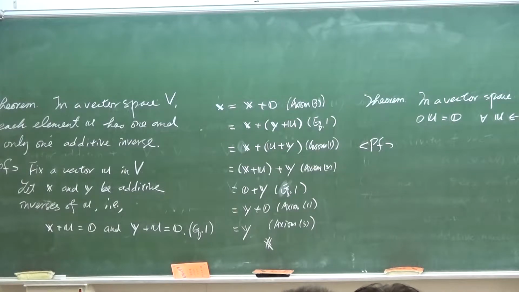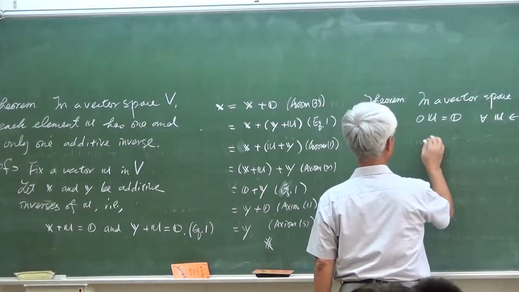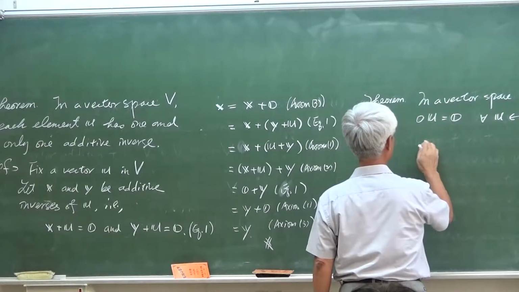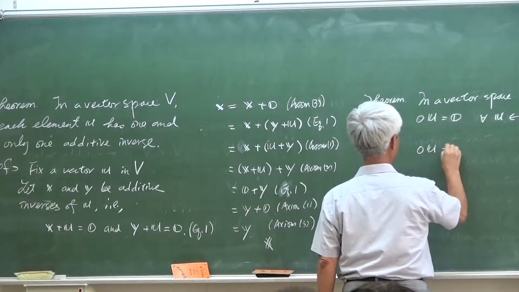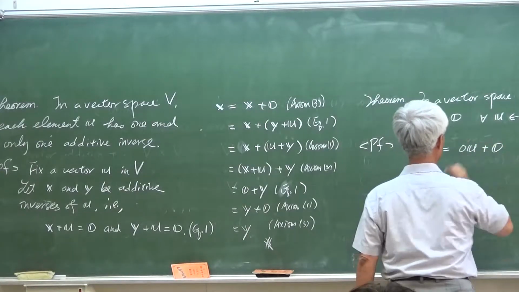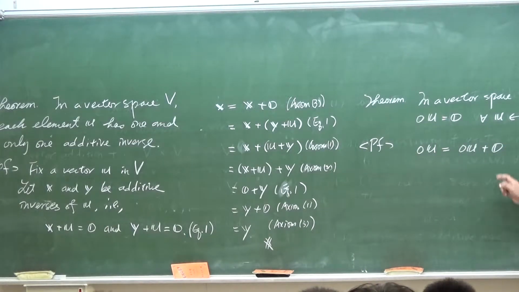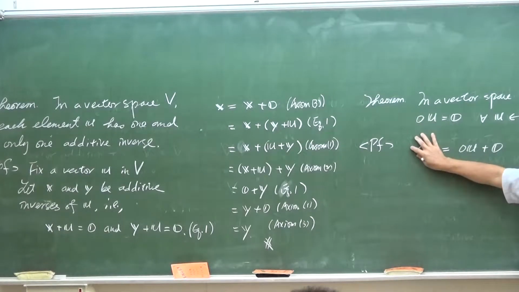So again, 0u is equal to 0u plus 0, because 0 times u is an arbitrary vector.